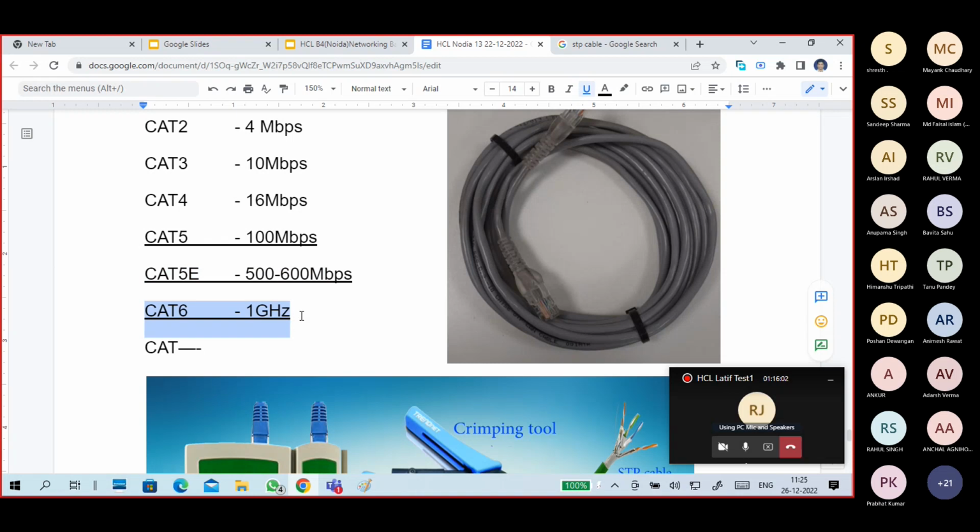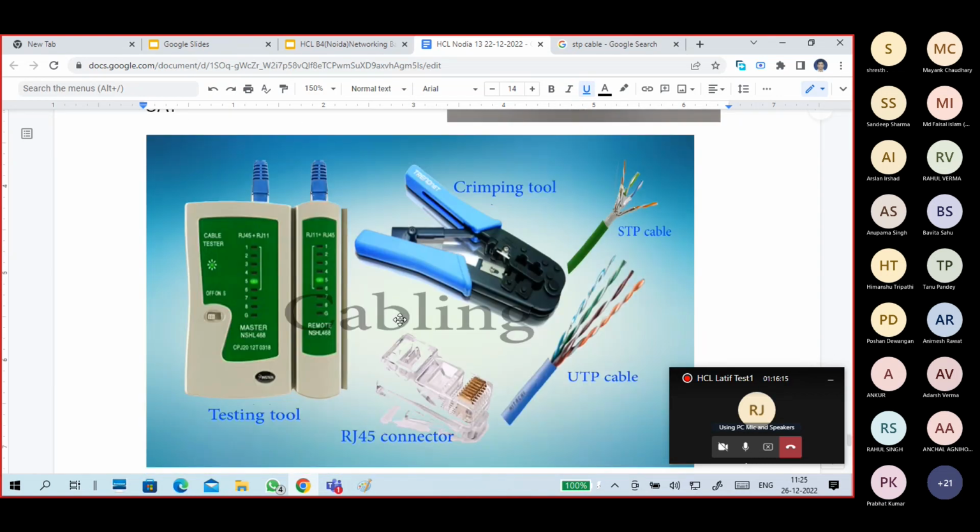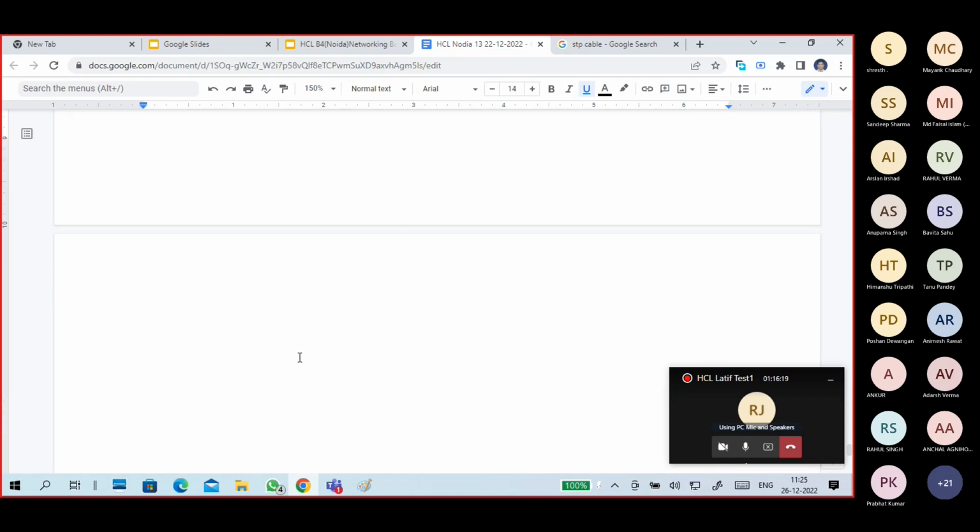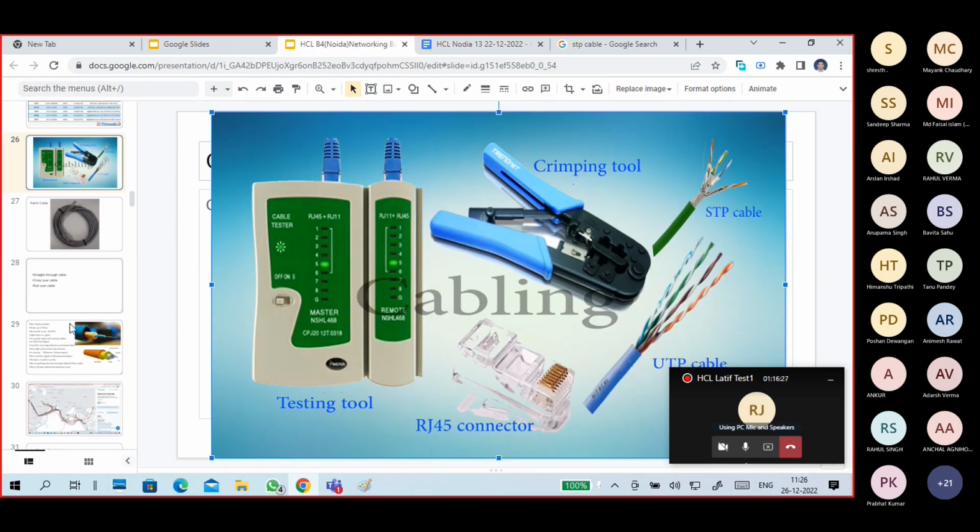Currently my laptop Ethernet is Fast Ethernet, but I am using a Cat 6 one. So that's the point here, and these are the different tools used to communicate. That is enough for now, guys.